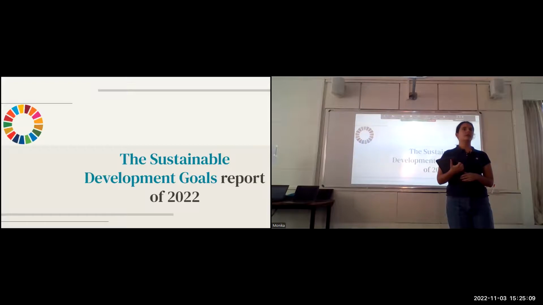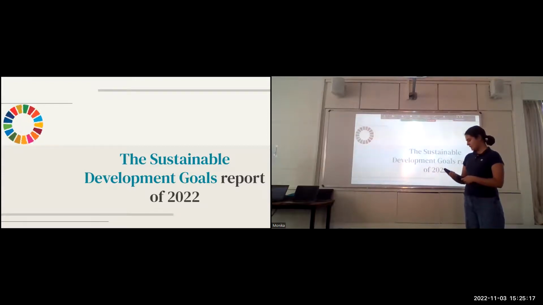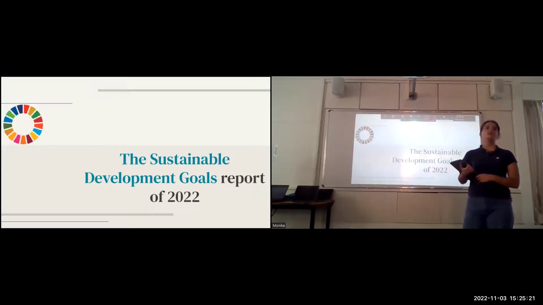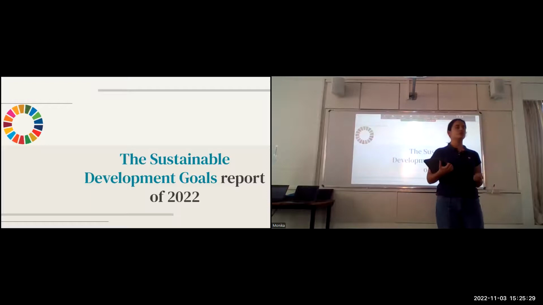All around the world, we are facing floods, we are facing wildfires, etc. So we can say that if actions are not taken right now, we can go to irreversible change, and that is why it's very important to follow these SDG goals, and that is why it's important for the countries to know how and when to react.